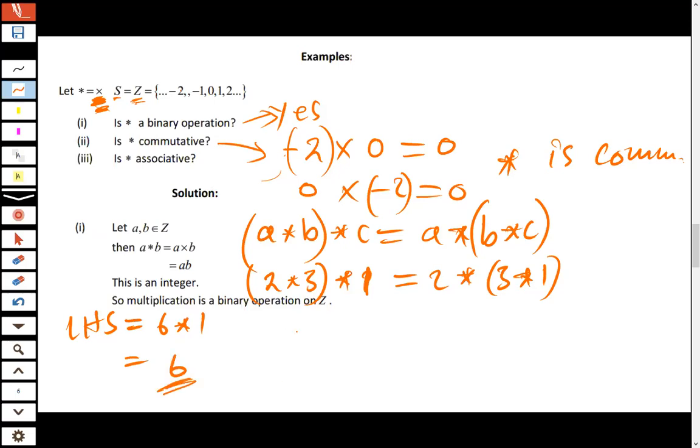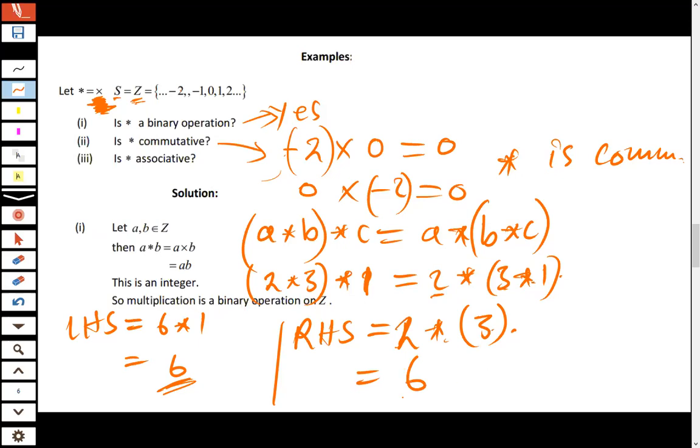Let's see what we're going to get on the right-hand side. We have 2 outside, and then we have star. In brackets there, we have 3 star 1, which is the same as 3 times 1. So 3 times 1 is simply 3, and 2 times 3 will still give us 6.